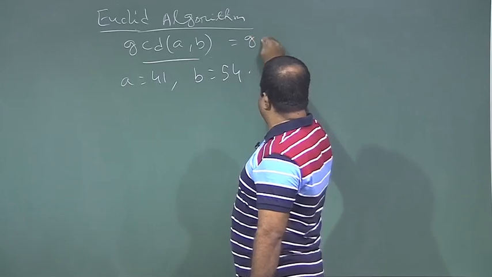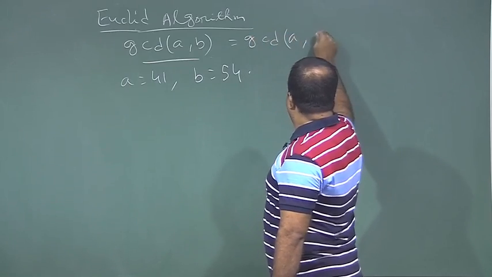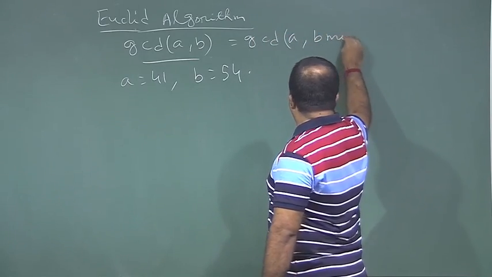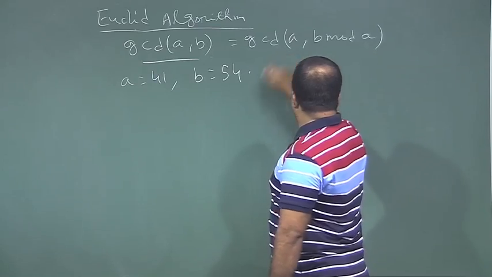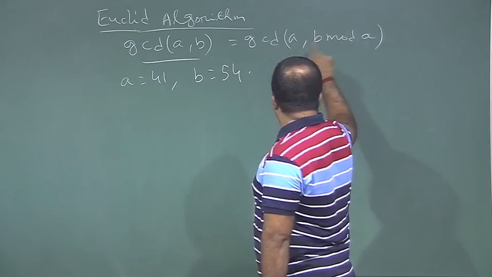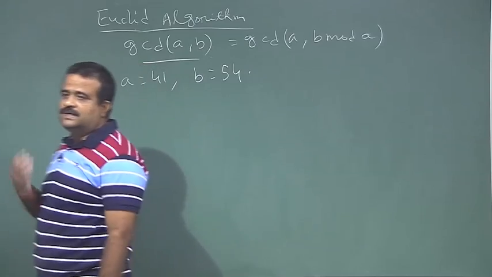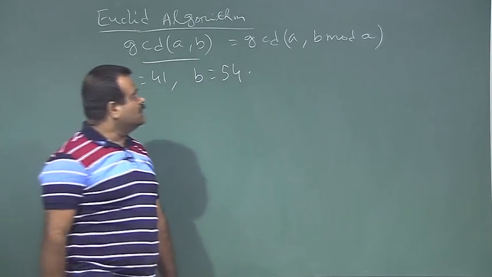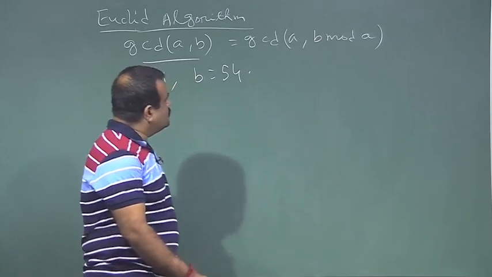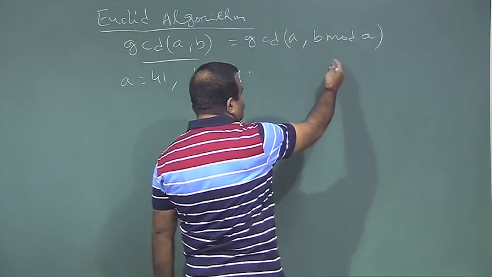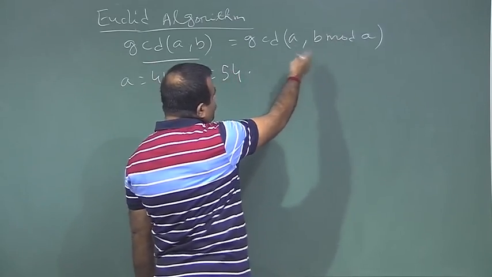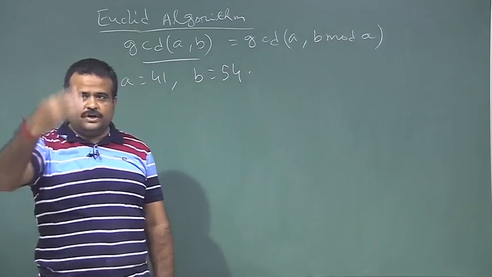GCD of a, b is the same as GCD of a comma b mod a, if b is greater than a. This is the theorem we have proved, and the Euclid algorithm is based on it. These are the remainders, then we take the remainder with a, and so we continue.